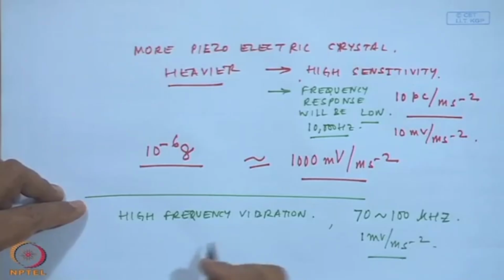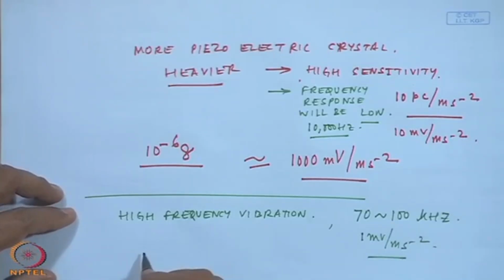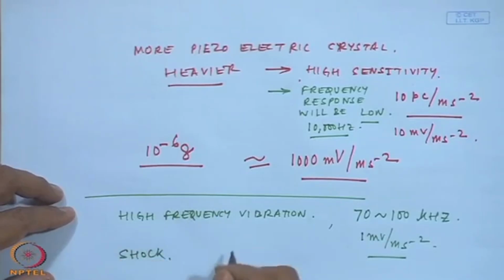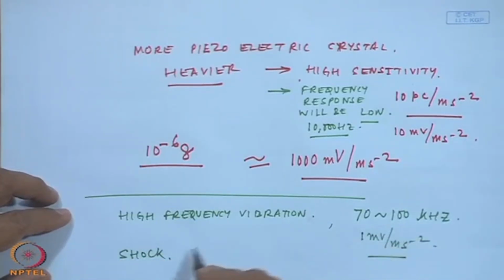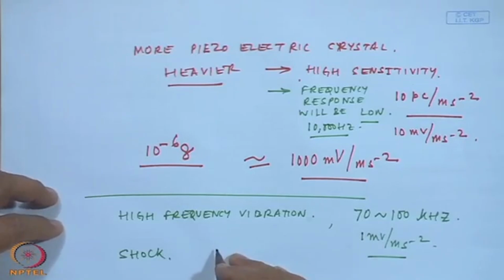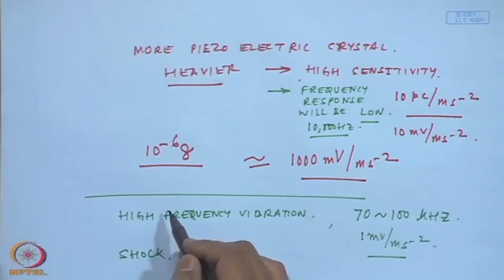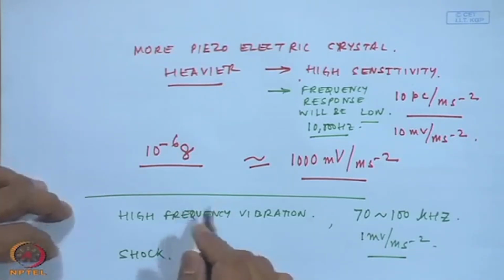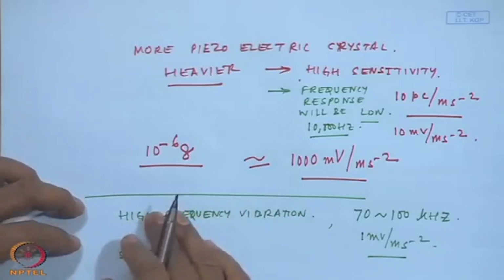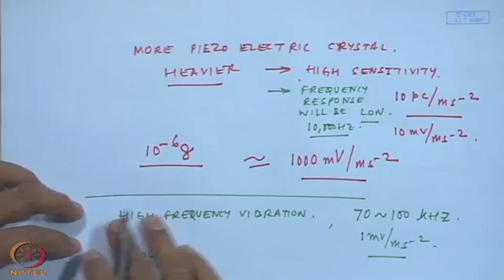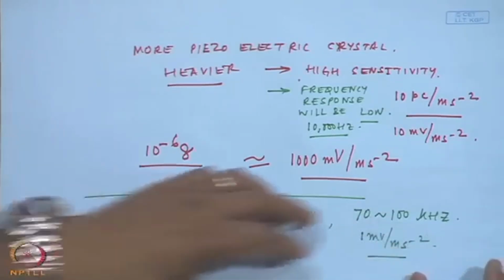Okay. We want to measure very high accelerations, for example, during a shock generation, something fell on the ground. Shocks are usually very high frequencies. So, we have to use light accelerometers. If you go to the catalog of any manufacturer, you will see different types of accelerometers made available to you.